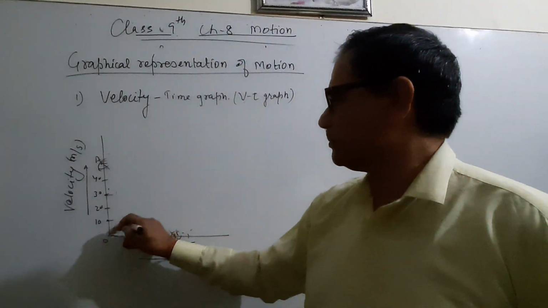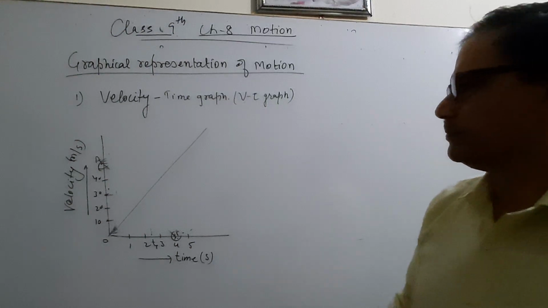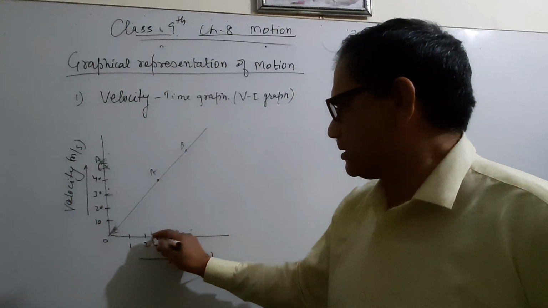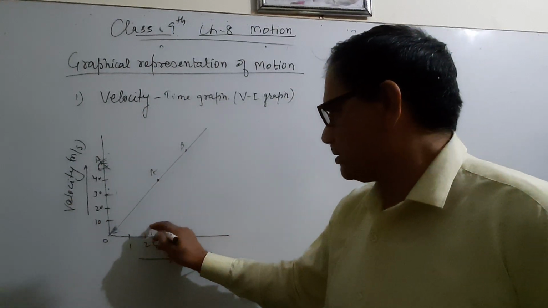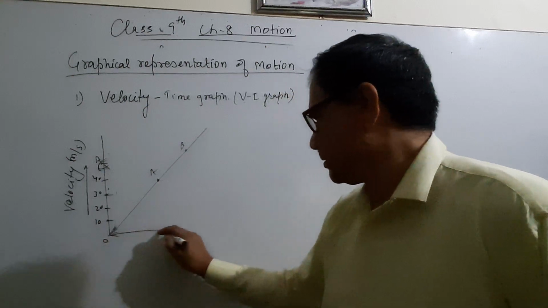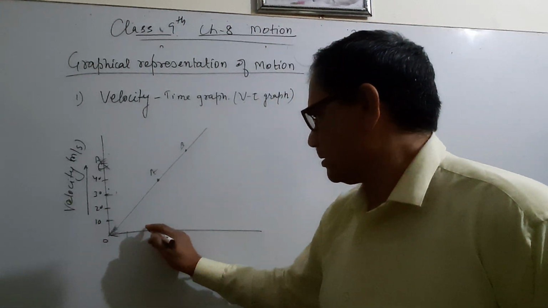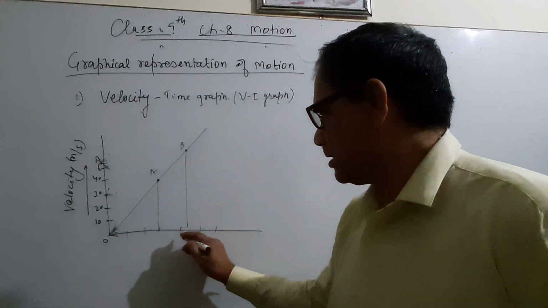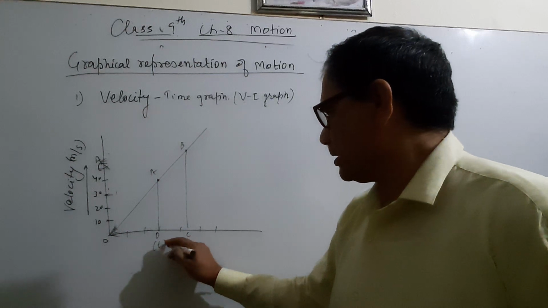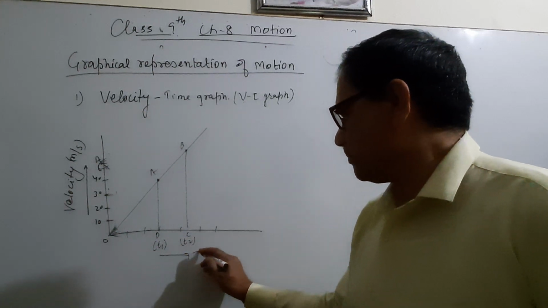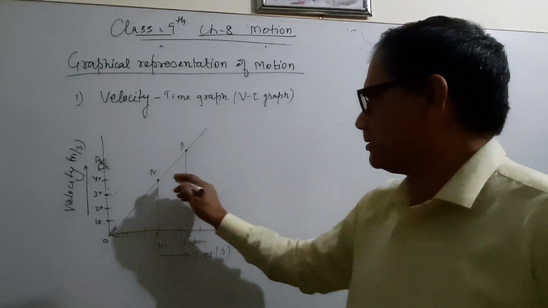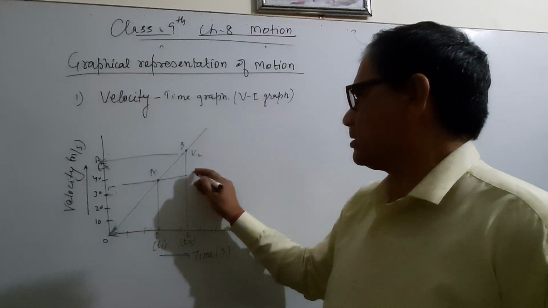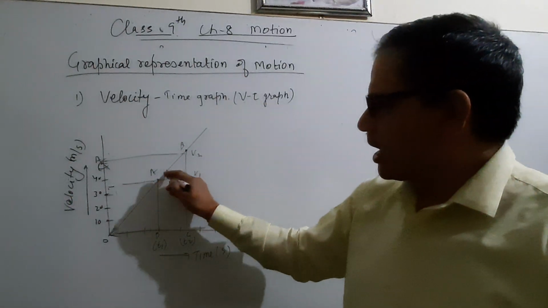For example, if you draw this one, here are A, B, and here are C and D. This is T1, this is T2, and this is time in seconds. Here we draw the perpendicular on the y-axis. This is V2 and this is V1.